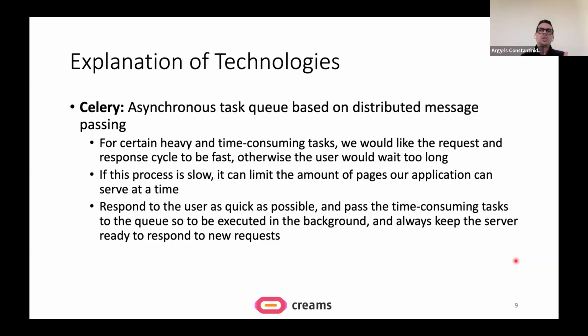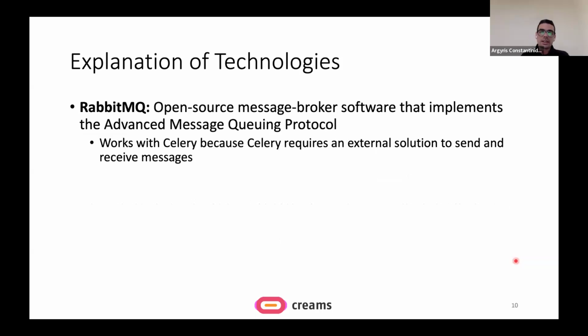And when the execution finishes, we will get back the result. So with that, we avoid blocking other incoming requests, and we are able to respond to many requests at any given time. But this asynchronous task queue relies on a message broker.